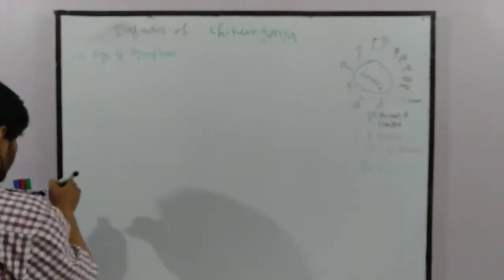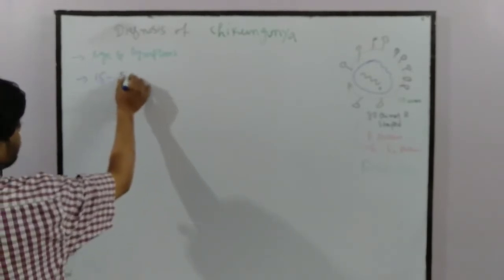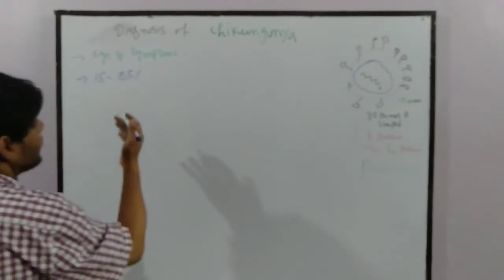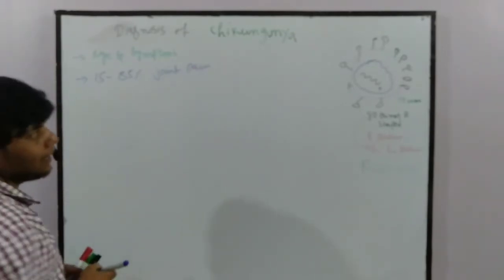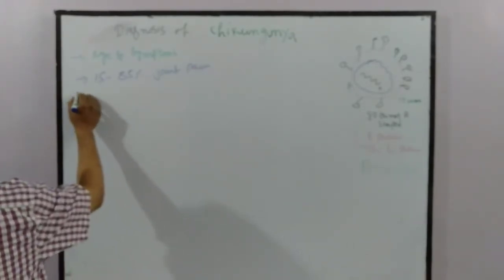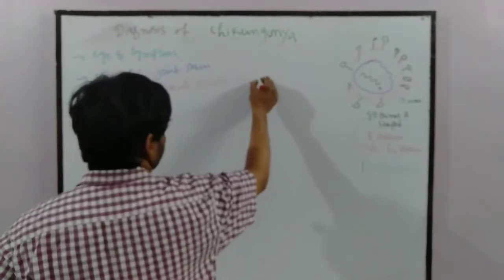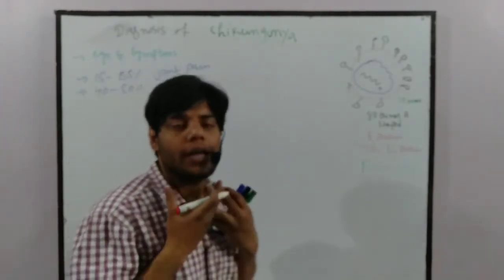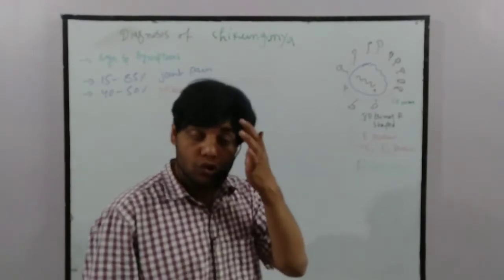It should be diagnosed by signs and symptoms. 15 to 85% of people say that if we have joint pain, it may identify the chikungunya disease, and almost 40 to 50% of people say that if rashes appear on the trunk area and on the face area, it may also identify, or diagnose, the chikungunya disease.